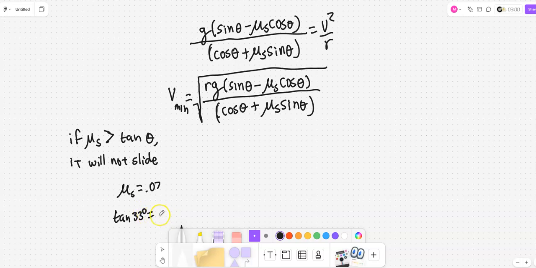Tangent of 33 is 0.6494, and that is clearly larger than 0.07, so this object will slide. All right, so let's take some numbers in and see what we come up with.